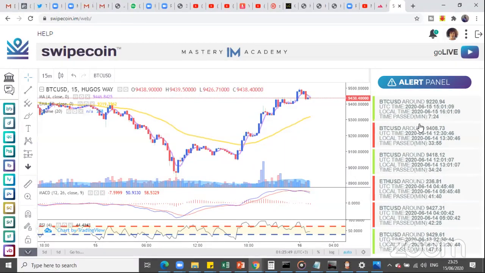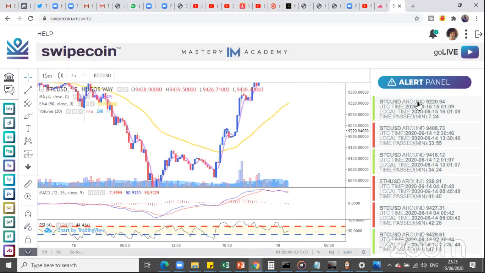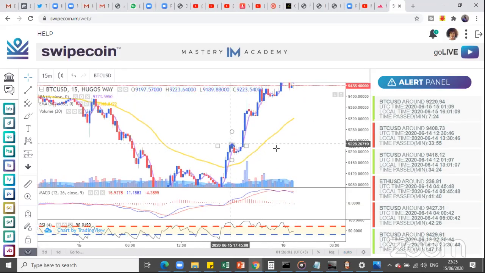It's not complex. There will be an alert here, so you watch out for the arrow. Let's check when this happened and look for the arrow. You can see I clicked on this and the arrow came up.